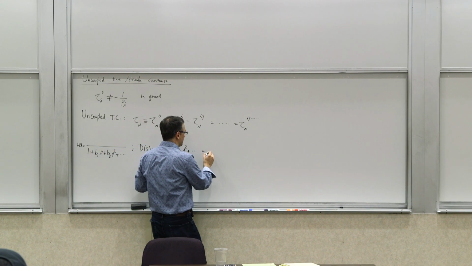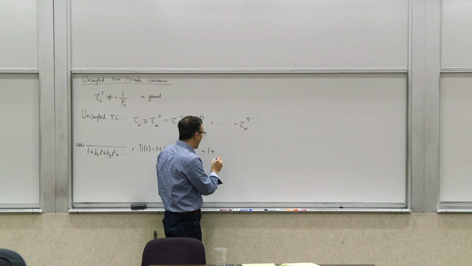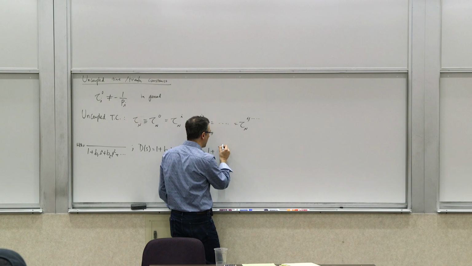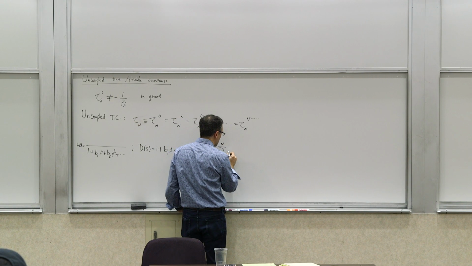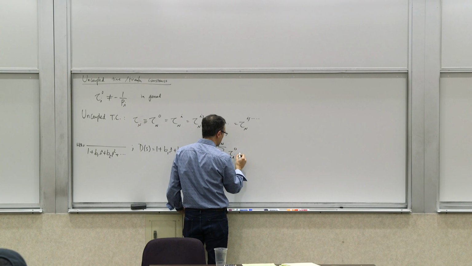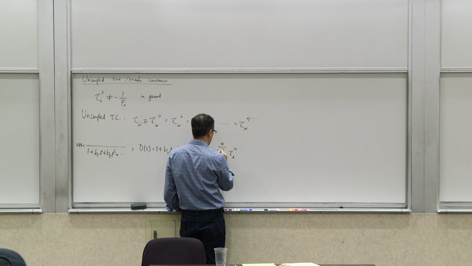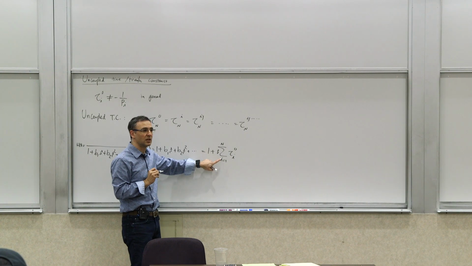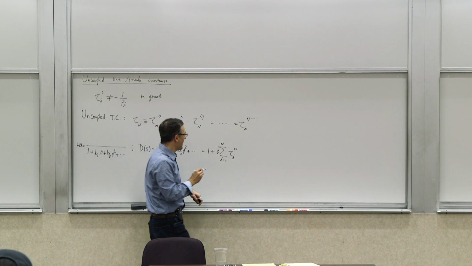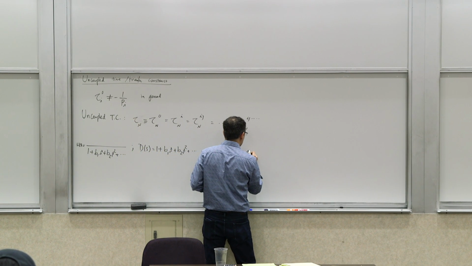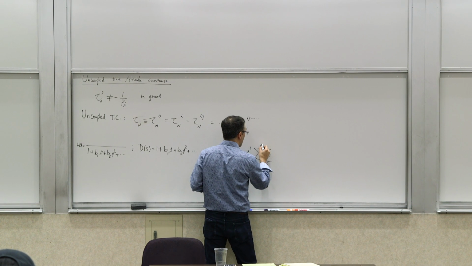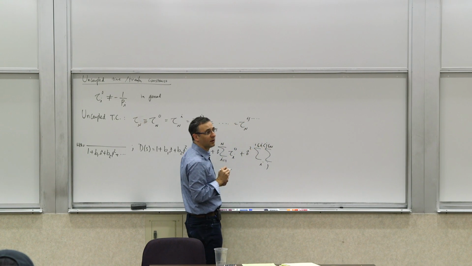What is b1? We know b1 is the sum of the zero value time constants, from 1 to n, so it's tau_i^0 times s. We agree that this is b1 s. And then we know what b2 is. So it's s squared times b2, which is the double sum over i, j, with i smaller than j, smaller than or equal to n, and i greater than or equal to 1.